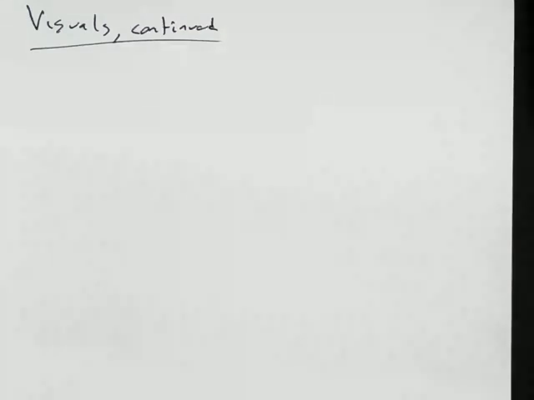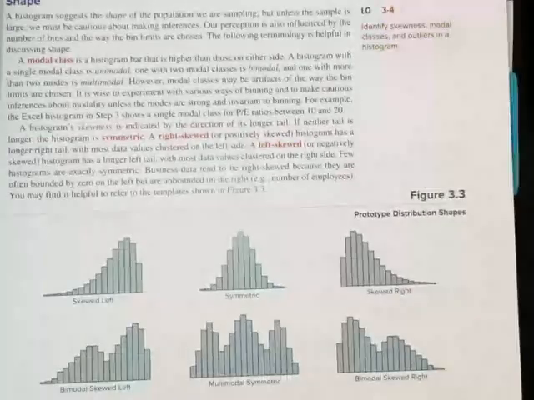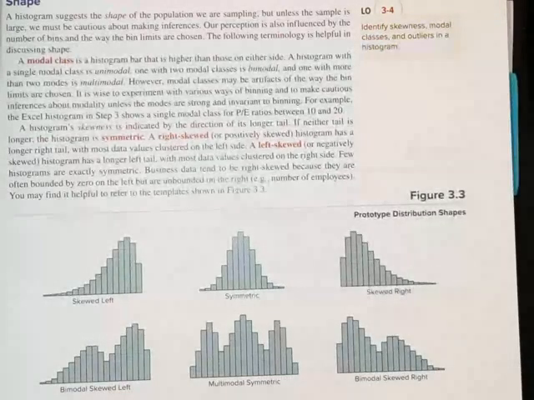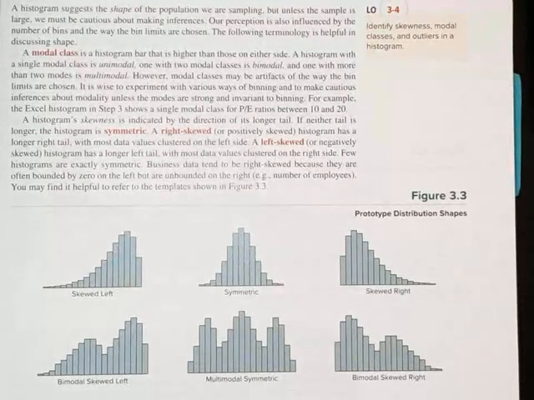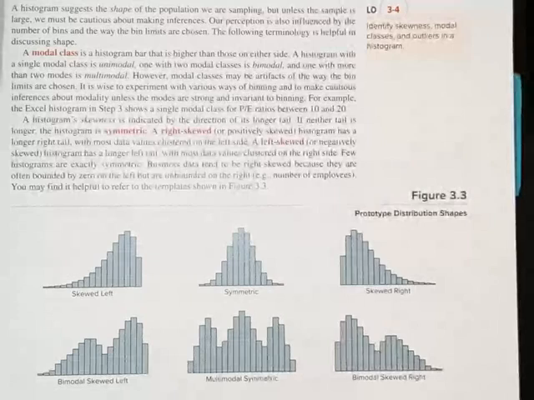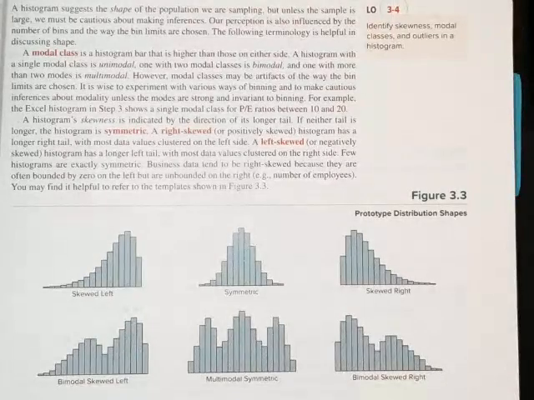So page 60 has a pretty picture of several different kinds. Symmetric, right, and uniform.